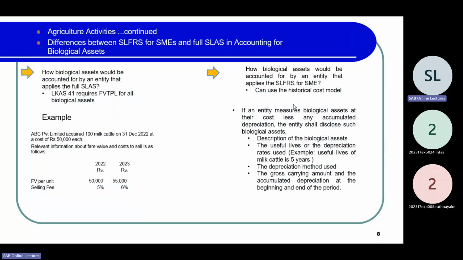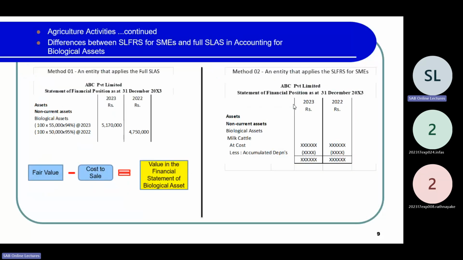As I told previously, the full standard requires biological assets to be measured at fair value less cost to sell, and that is presented that way in the financial position.